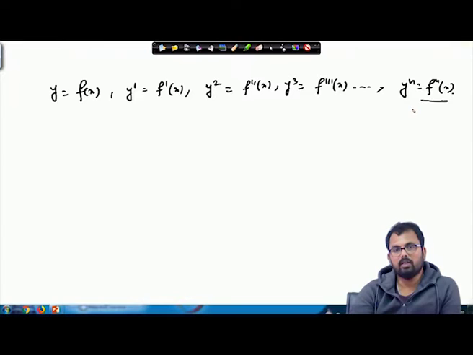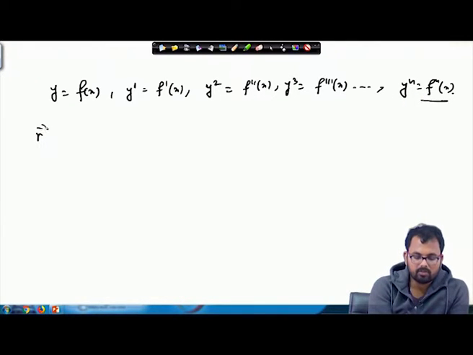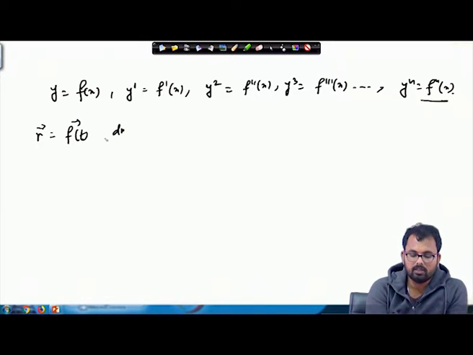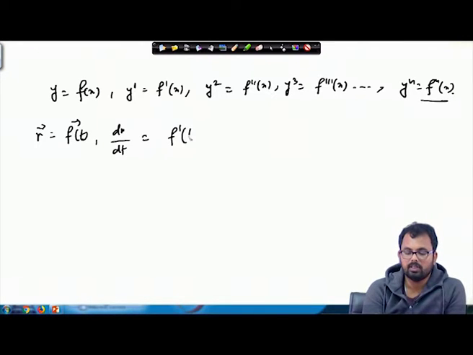Similarly, we have such a rule for the vector function as well. If we have r equals f of t, then dr dt equals f dash t, which is basically df dt.